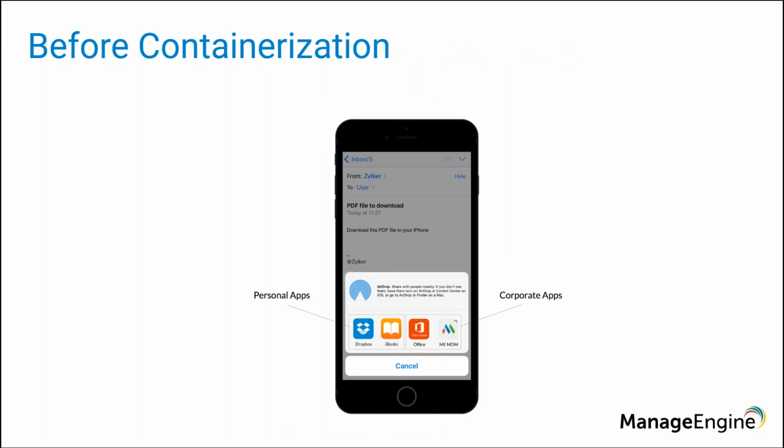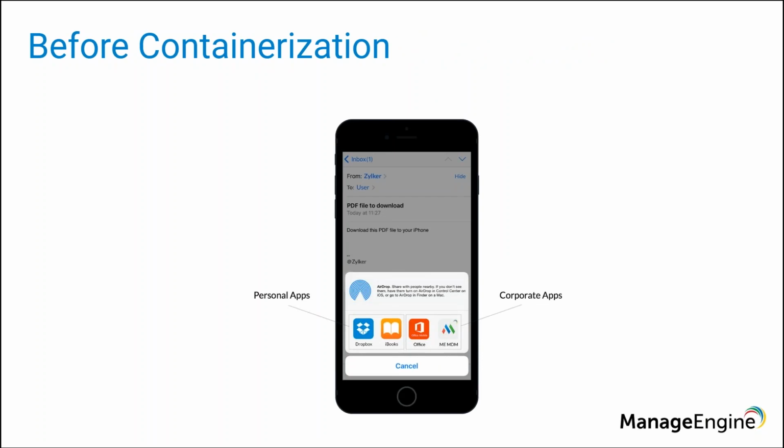But in the case of iOS, it is a bit tricky because iOS devices in general are encrypted devices. Apple would not allow us to add another layer of encryption.